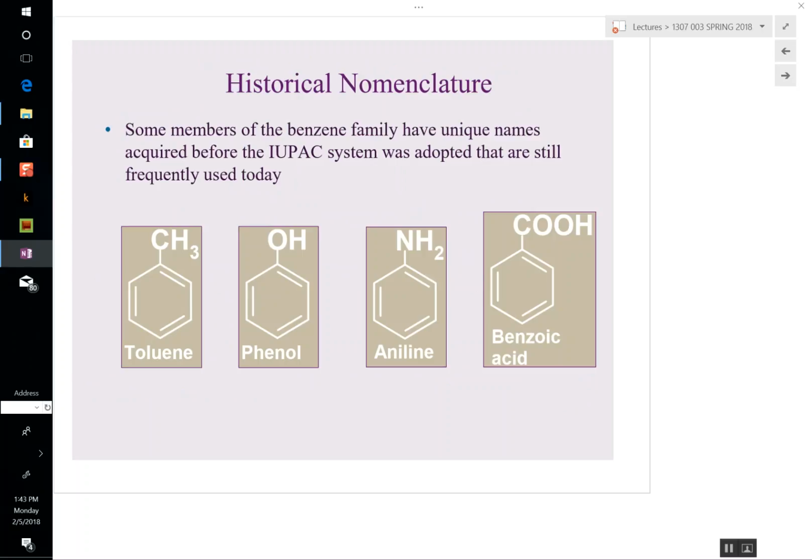This is toluene. This is benzene with a methyl group up there. So that is better known as toluene than as methylbenzene. It's a very common organic solvent called toluene. So you should put together a 3x5 card for that. I'll be adding these others as we go into the other chapters, but just for right now.